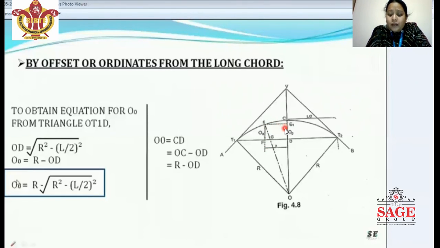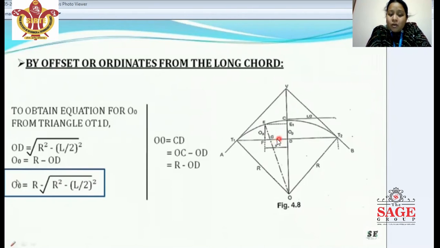Join E with O, and this OE line cuts the long chord at point G. You can see this. This TT1 line cut point is G. I think this is clear to everyone.